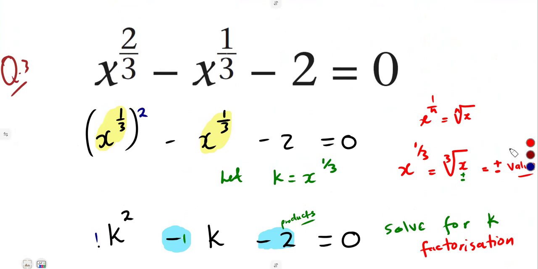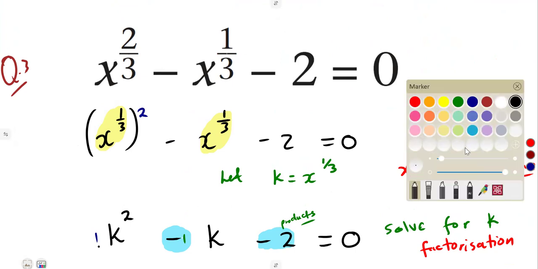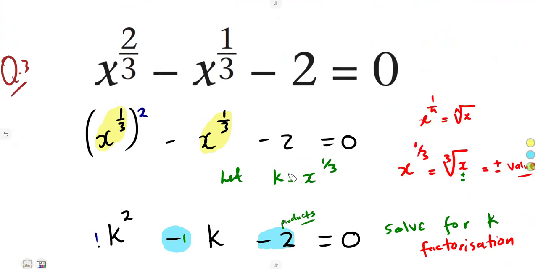So we are going back to where we introduced that k. Remember, where we introduced our k here, we said it is x to the exponent of a third.